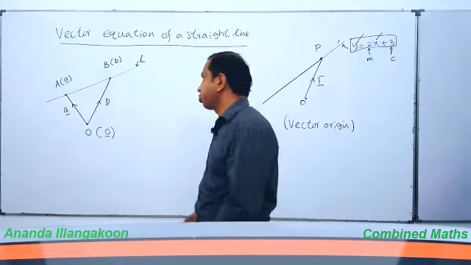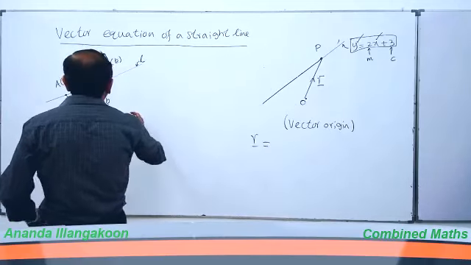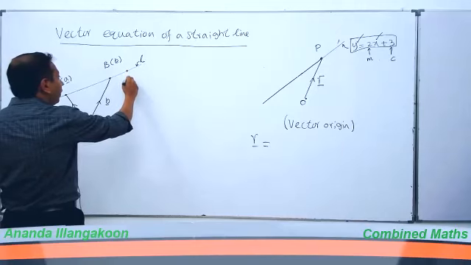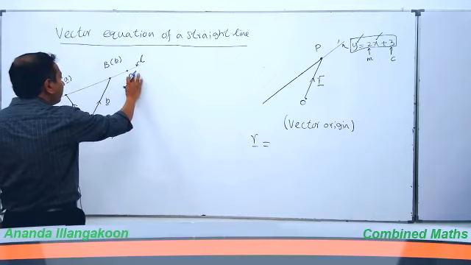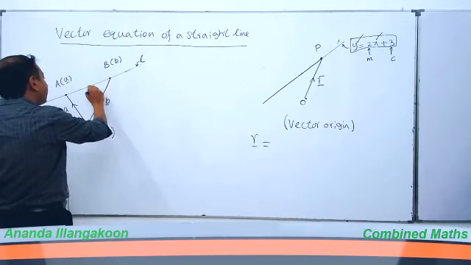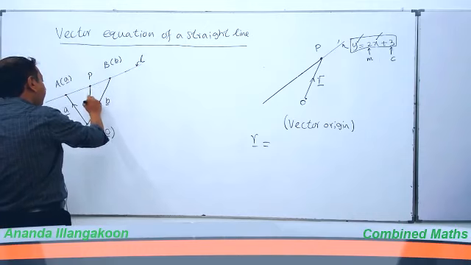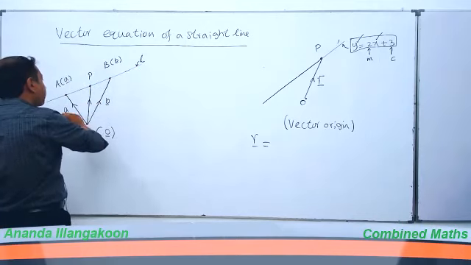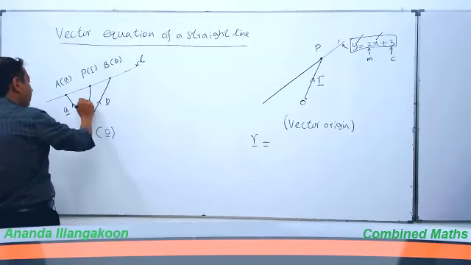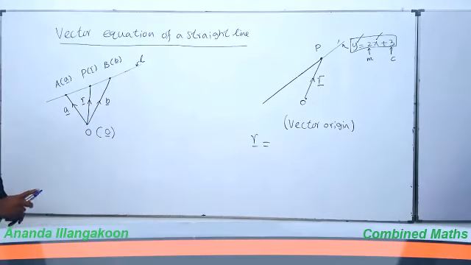That will be the equation of the line. Then what we do next, people, I'm going to take any point on the line, somewhere here. Any place we can take. I take this as P. Point P is any point on the line. Its position vector is r, that means this OP vector is r.